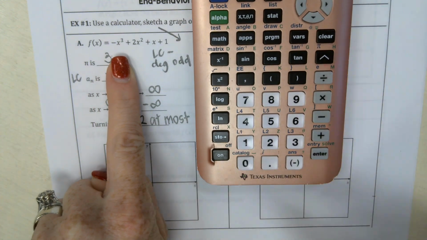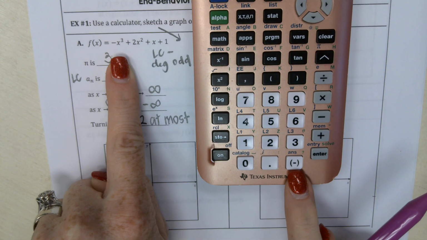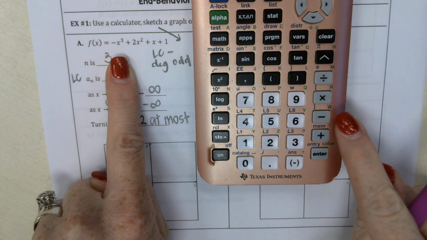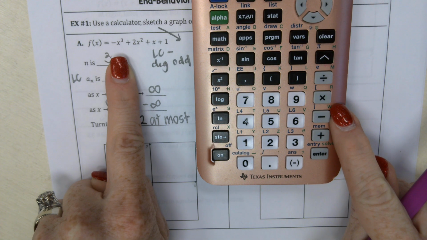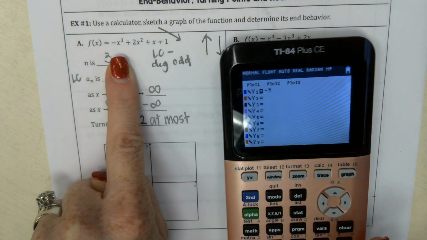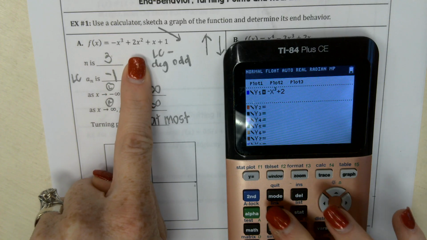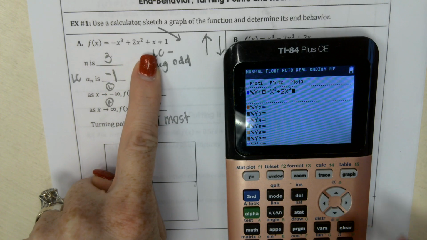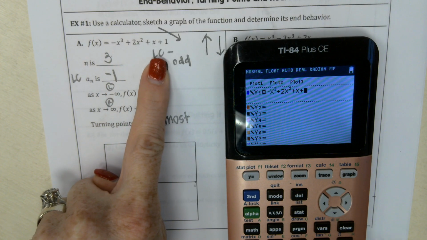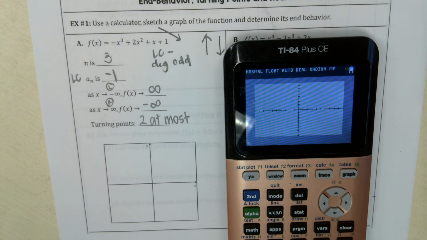And when you type in a negative, starting something out, make sure you use that negative that's down there by the decimal. If you use the minus, it's going to give you a syntax error. All right, so right here, I'm going to say negative x to the third power plus 2x squared plus x plus 1. And I want to just kind of see what happens with my graph.